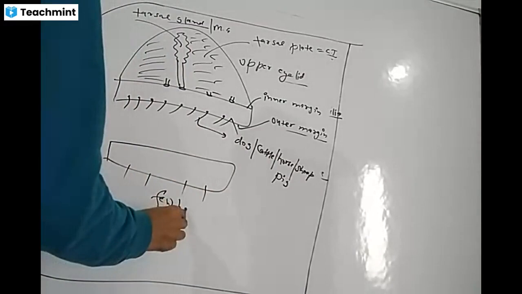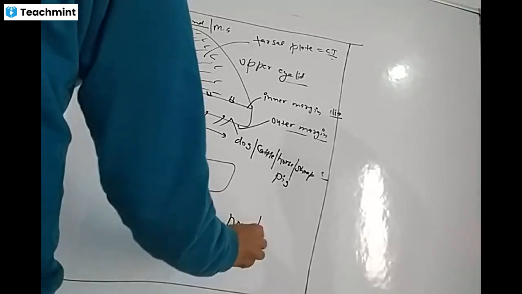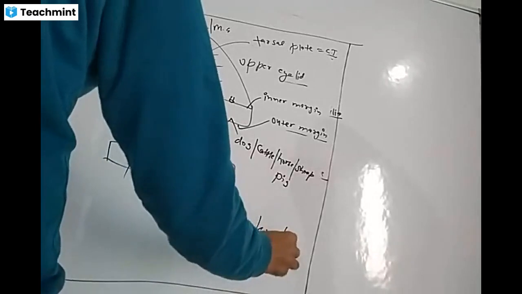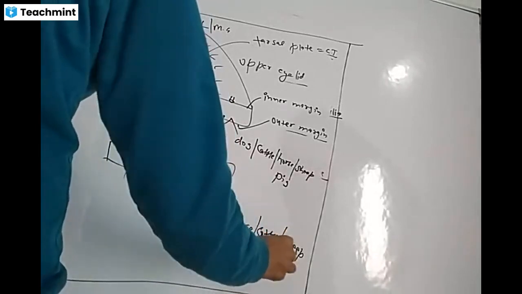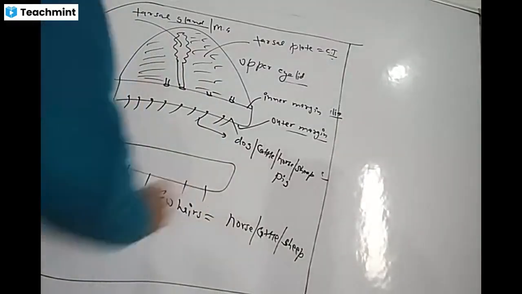In which species? Horse, cattle, and sheep. In all other species, the lower eyelid does not have any hairs.